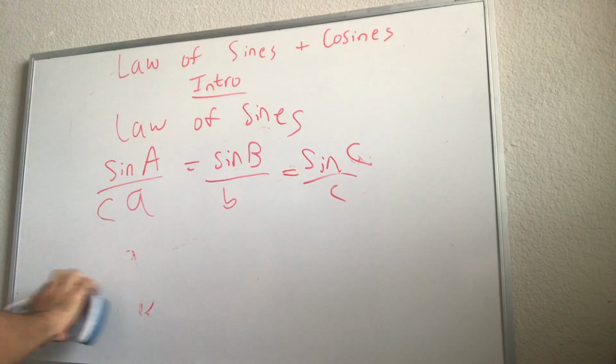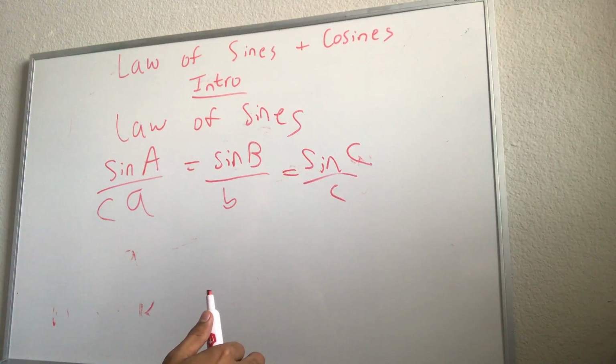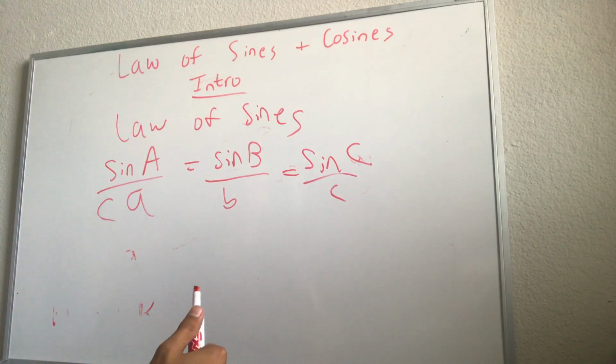This formula is primarily used for triangles that have given angles, whereas the law of cosines is for when you're given more sides. If you're given more of the angles, you want to use the law of sines. It's just easier that way.